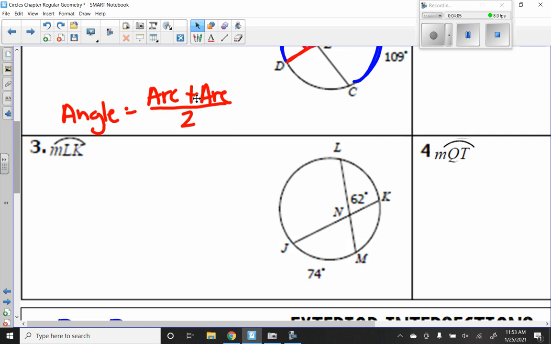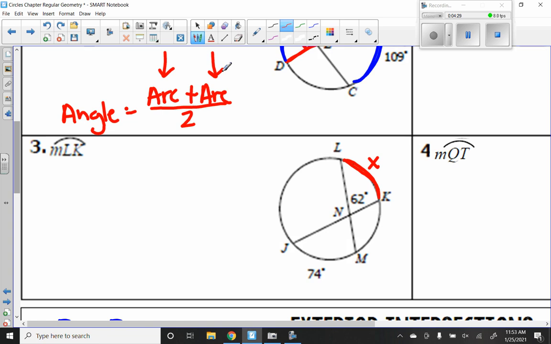This is going to be different because we're looking for an LK. So here's LK. We're looking for one of these arcs, so I can call this X. So we're missing an arc. That means I'm going to put this X in one of these two spots, because that's what we're looking for.